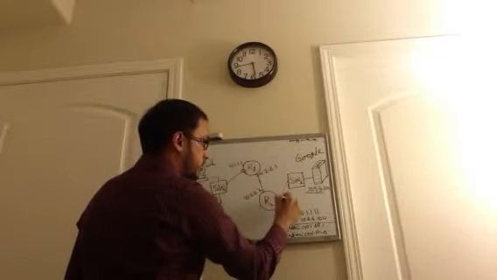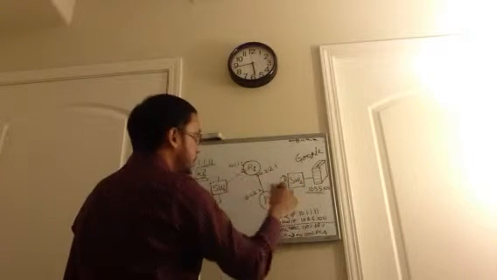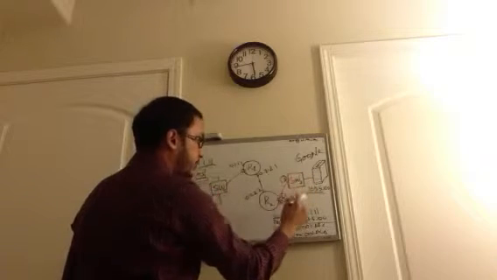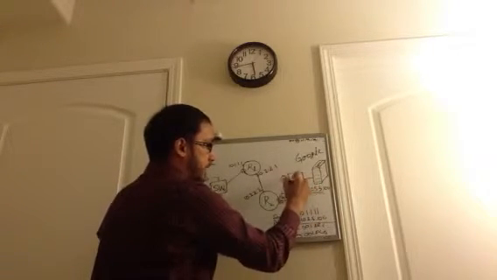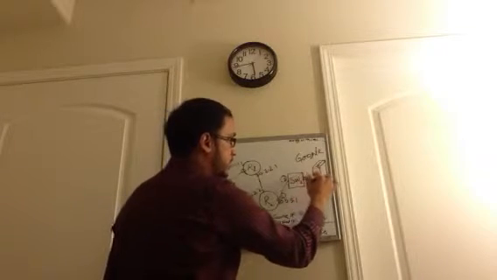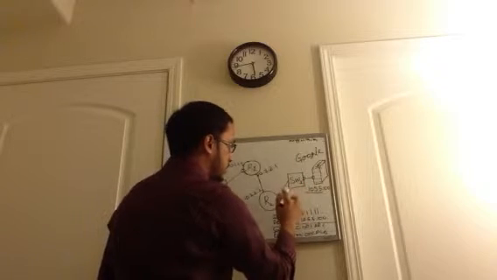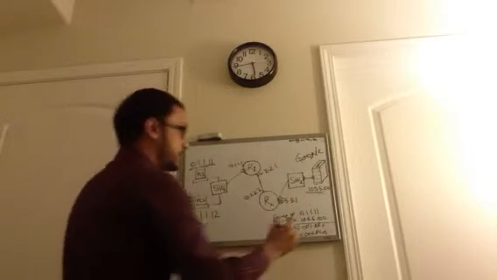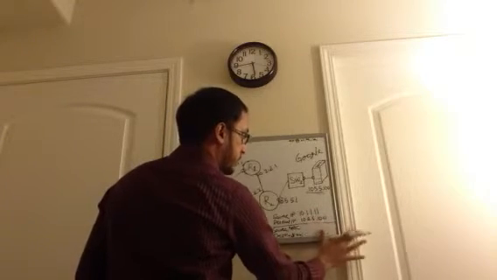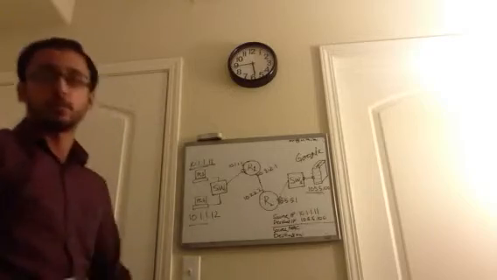Now this becomes the source, this becomes the destination. And the same happens here. Once the packet gets here, this becomes the source and this becomes the destination. So what we have seen is this keeps changing.